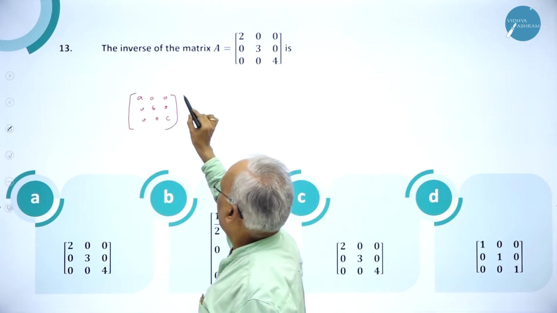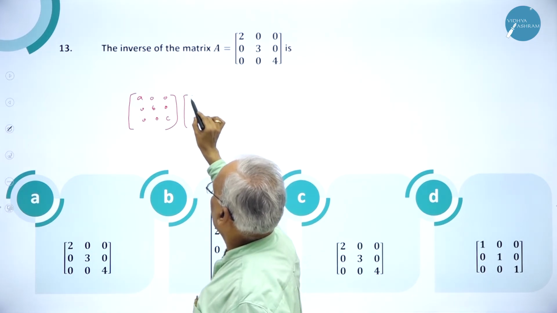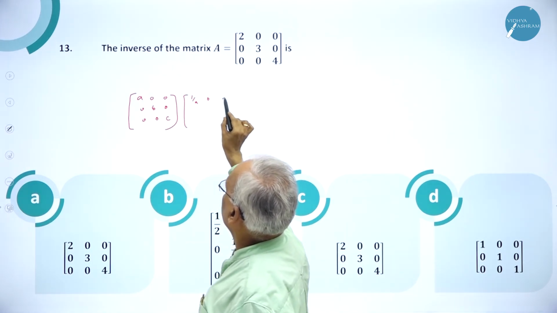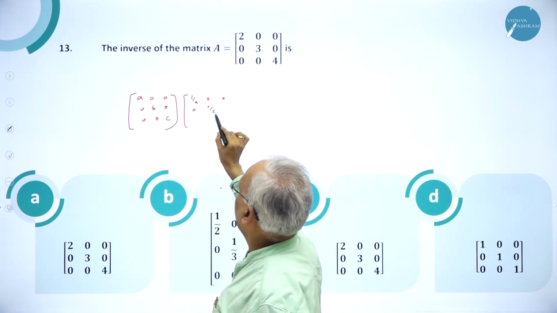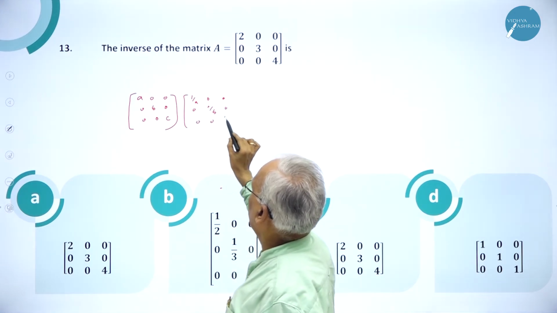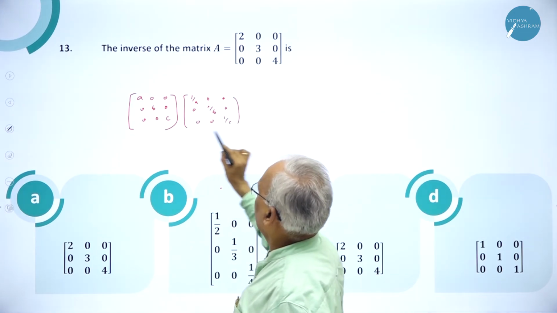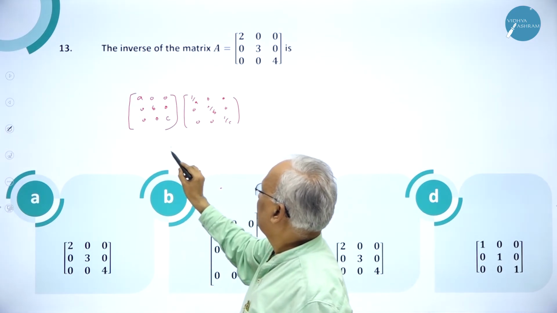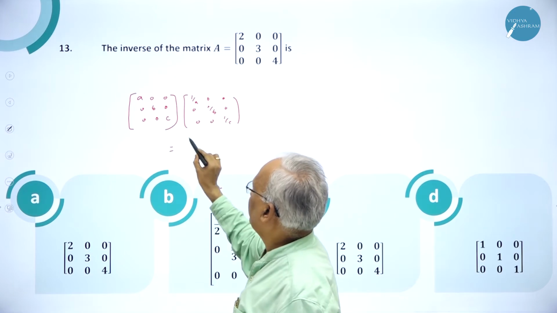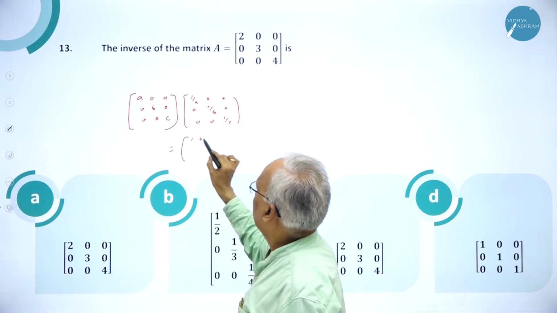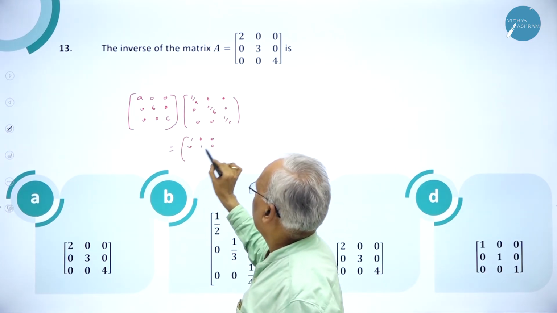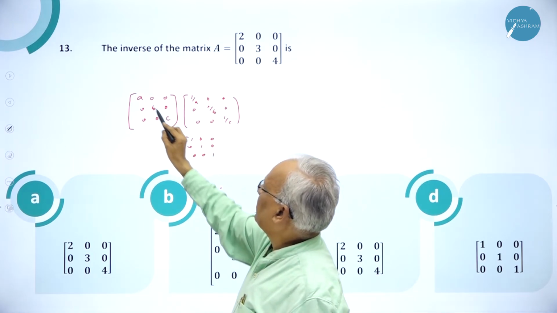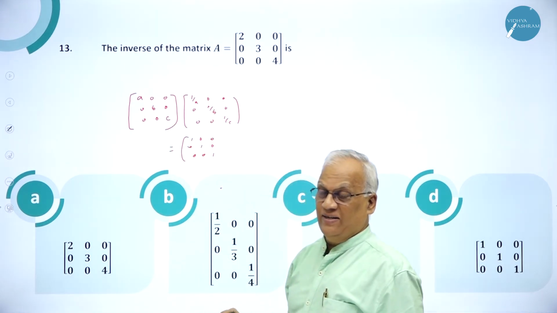Suppose you have 1 over A, 0, 0, 0, 1 over B, 0, 0, 0, 1 over C. If A, B, C are not 0, see how you multiply it. Very simple one. A into 1 over A is 1, and you get 1, 0, 0, 0, 1, 0, 0, 0, 1. Corresponding elements you multiply. Very rare case.